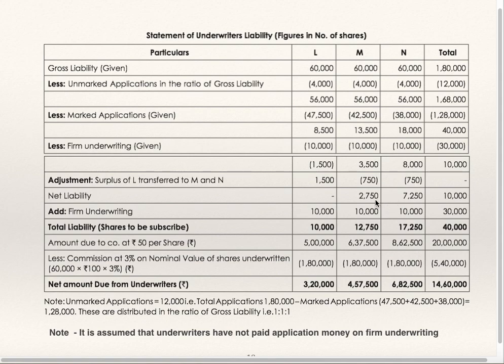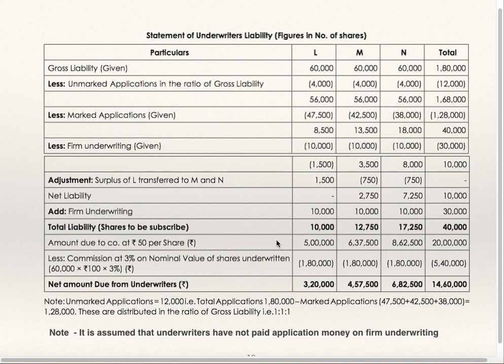And finally, net liability of M is 2,750, N is 7,250, total 10,000 shares which are not taken over by the public will be shared between M and N. M will take 2,750 shares, N will take 7,250 shares. L will not take any shares. Add firm underwriting 10,000 each. Total liability is 10,000, 12,750 and 17,250.